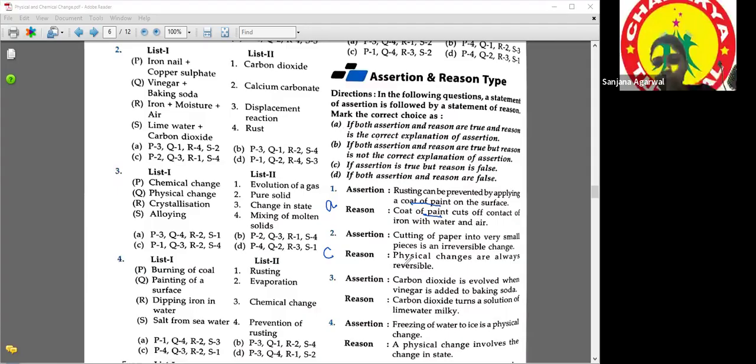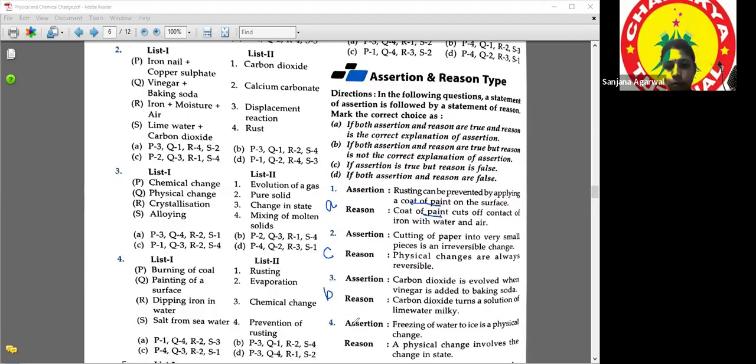If carbon dioxide is evolved when vinegar is added to baking soda, how is that the reason that carbon dioxide turns it milky? That is just the reaction between vinegar and baking soda. Lime water turning milky is another, independent case. So B, means both are correct, but this reason is not the correct explanation.